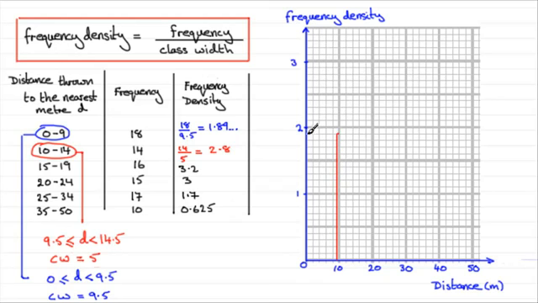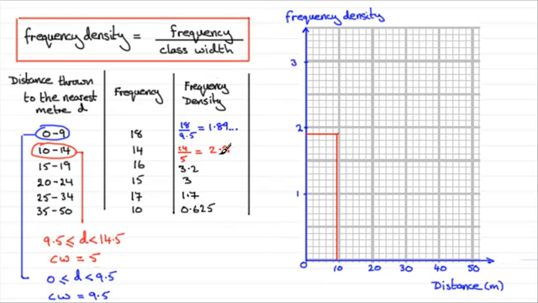You then draw a bar across there. For the next one, we're going from 9.5 to 14.5, at a height of 2.8 units. You could try to draw this on graph paper, but what you should get when you're finished would look something like this.